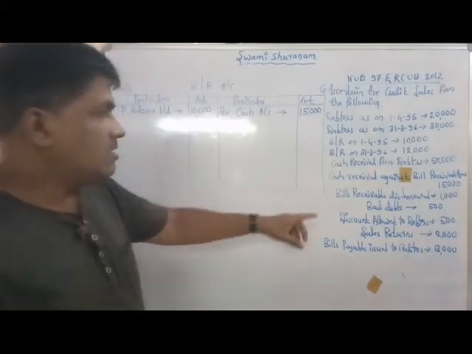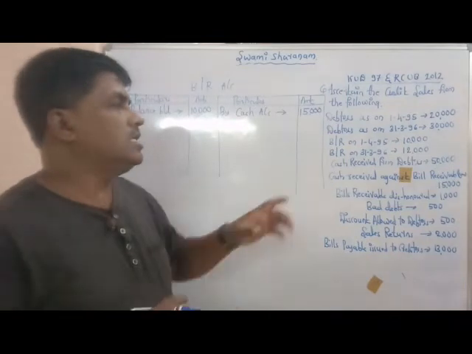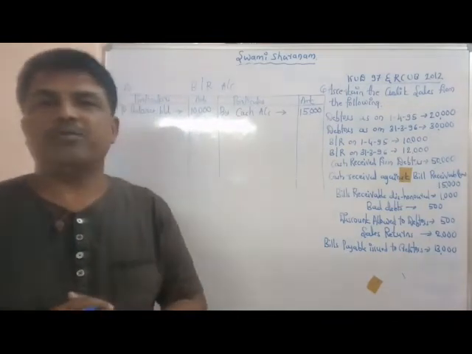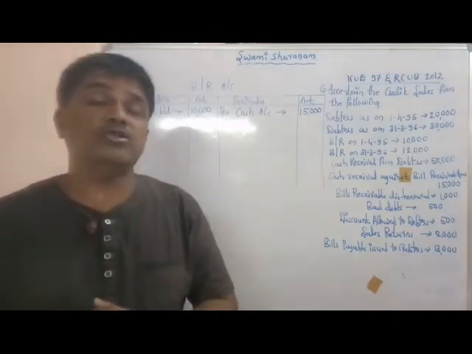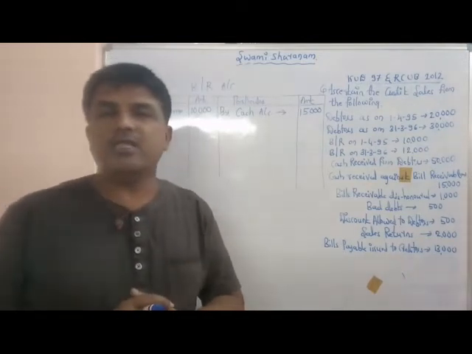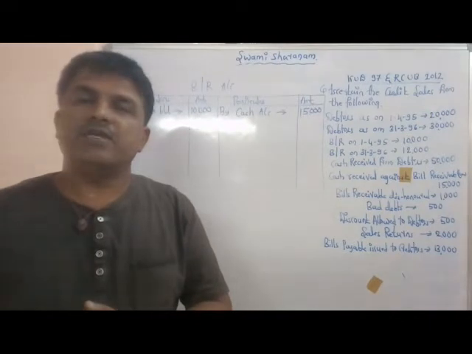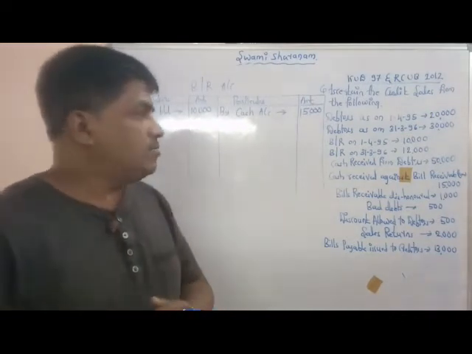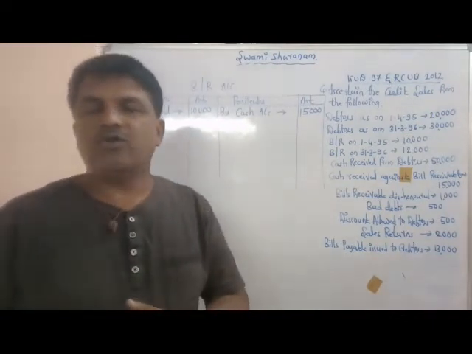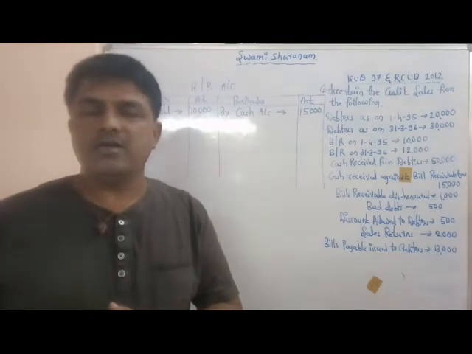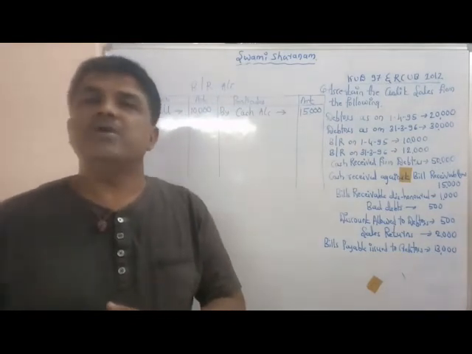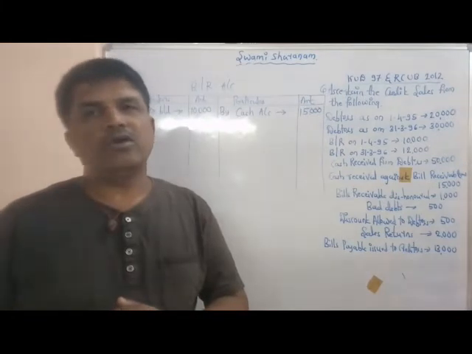Then that is bills receivable dishonored. It is 1,000. It is a very important point, you must remember. Bills receivable dishonored means, when the BR received from debtors is afterwards dishonored, it is called bills receivable dishonored. So when the bills receivable is dishonored, it is credited to the bills receivable account and debited to total debtors account.